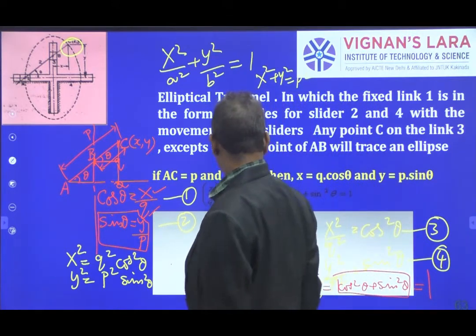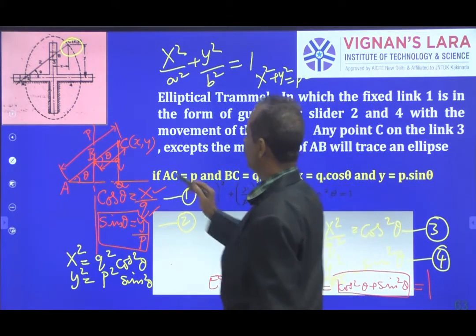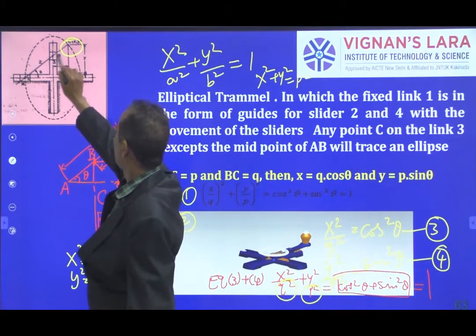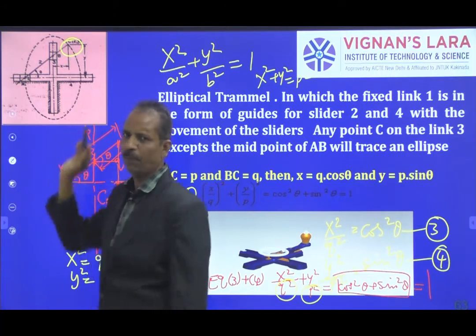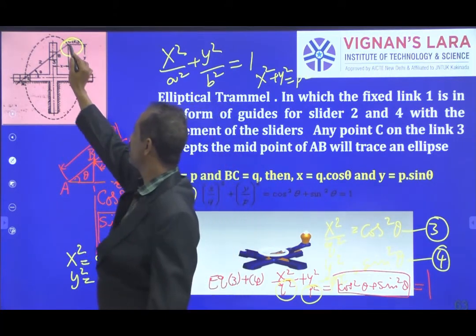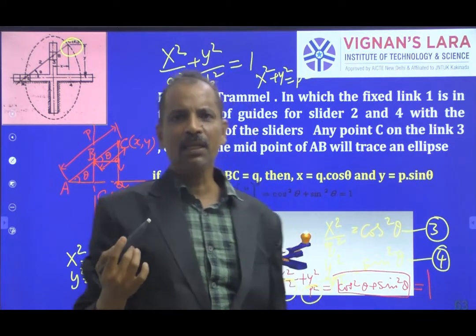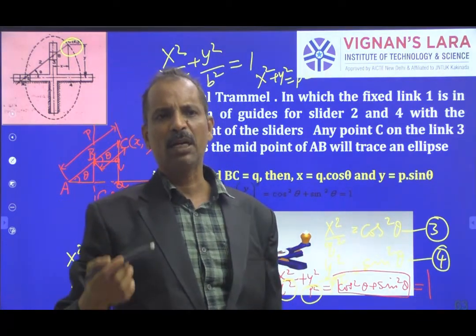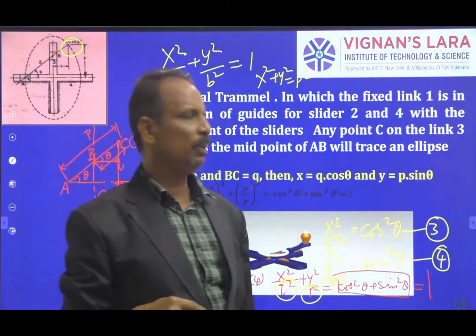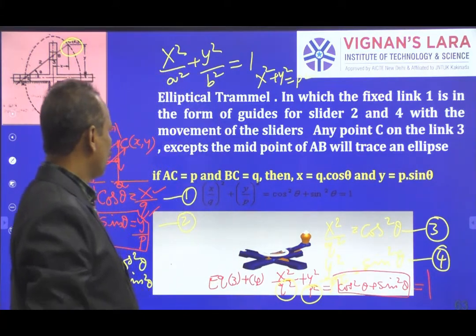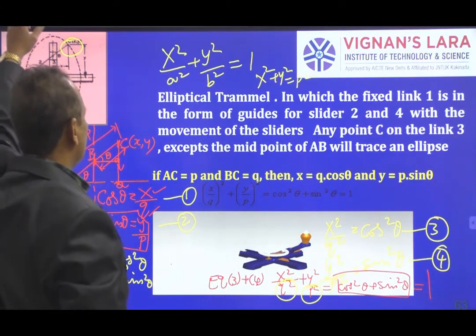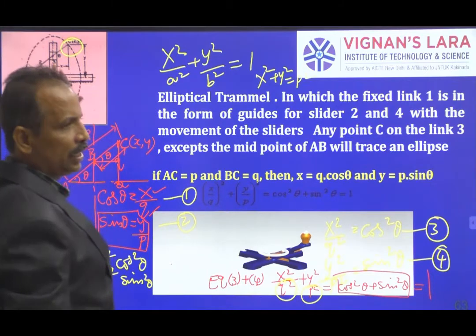That means if you take the midpoint of this extension link, it traces a circle. But for circle tracing, no mechanism is required, because a circle can be drawn very easily. That's why this is not used for circle creation.